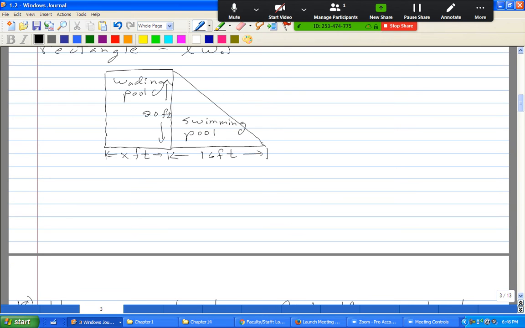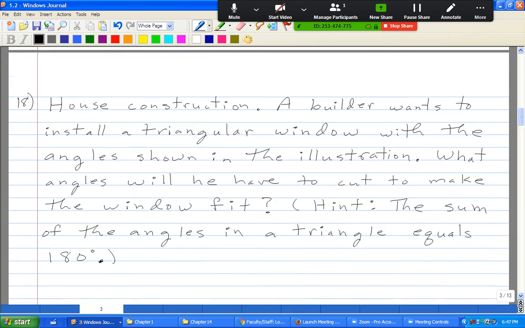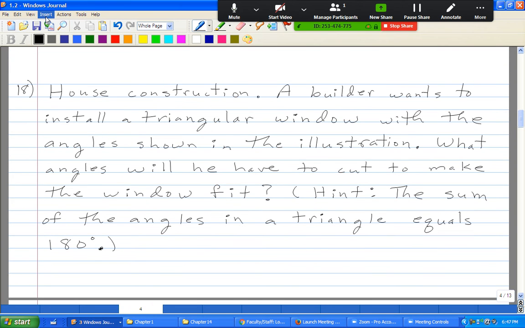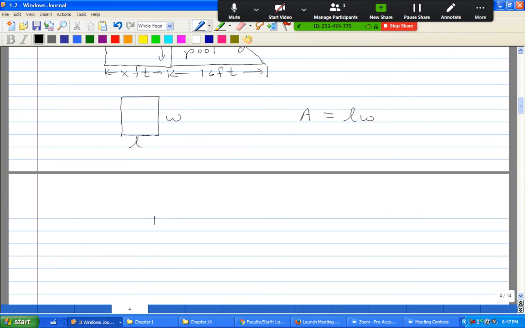Okay, so I have here that the area of a rectangle is length times width, and the area of a triangle is 1/2 base times height.